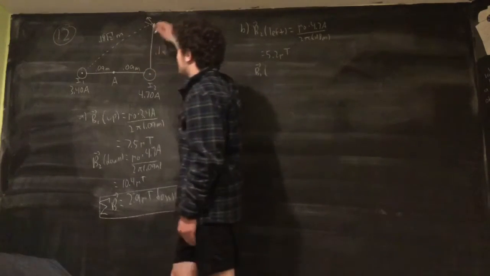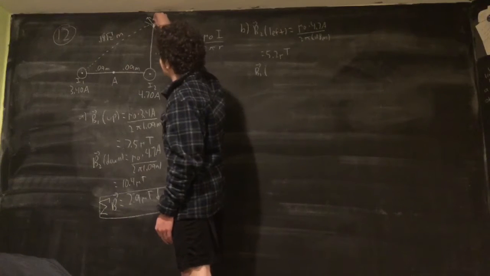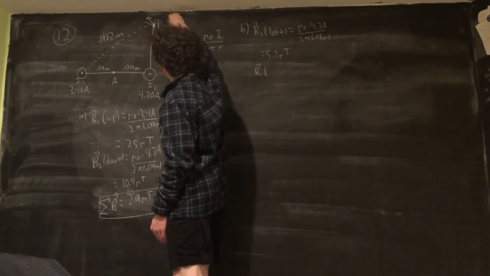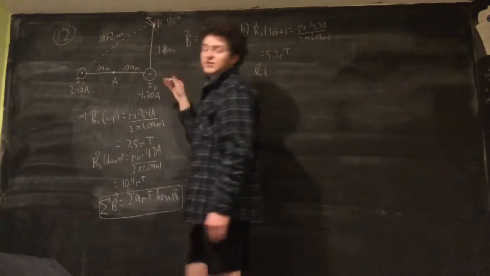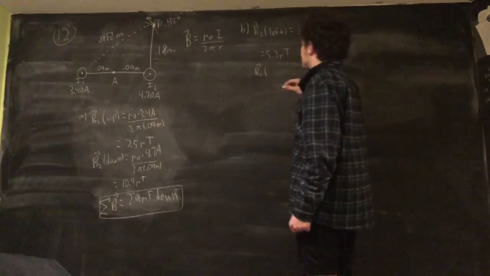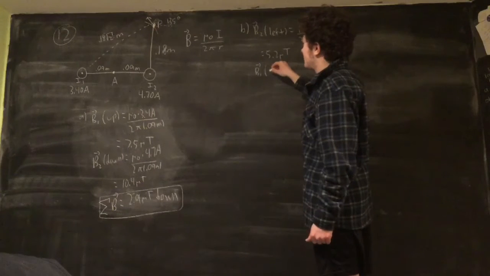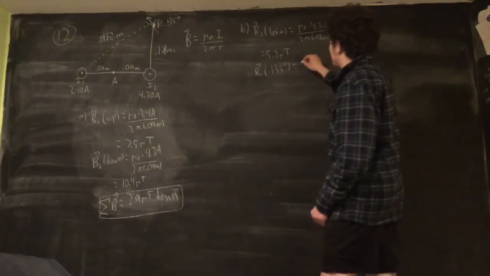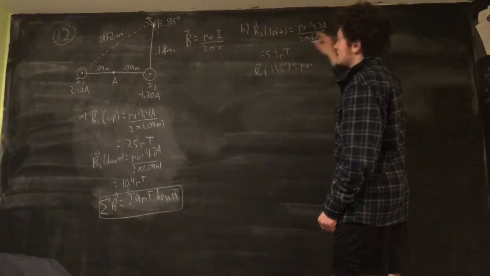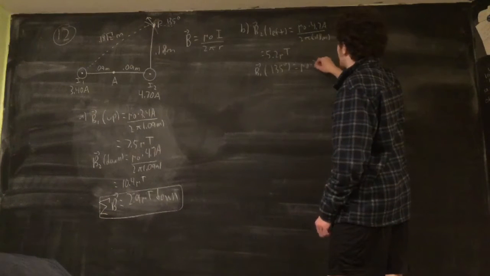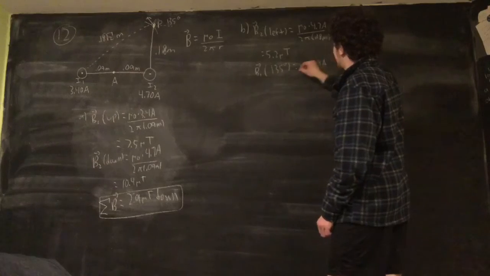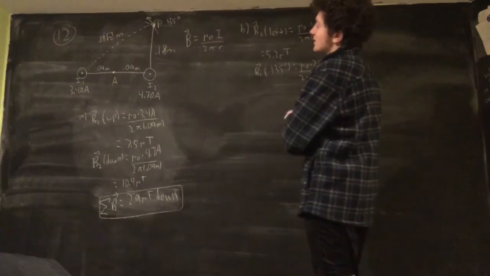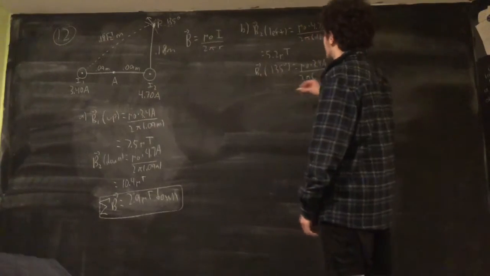If we were to add in a little straight line here, this would be at a direction of 135 degrees counterclockwise from the x-axis. So I'll say B1, which is at 135 degrees, is equal to mu naught times the current, which is 3.4 amps, over 2 pi. And here, like I said, the distance is 0.18 square root of 2 meters.